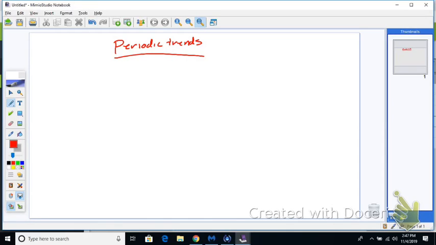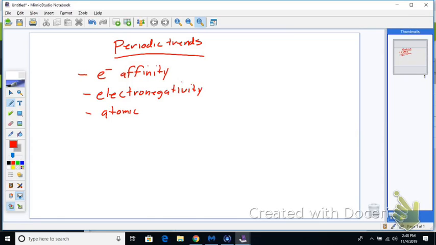In these periodic trends, we're going to look at electron affinity, give you the definition for that, electronegativity, atomic radii, how big the atom is, and ionic radii. So those are the 4 trends we'll look at.